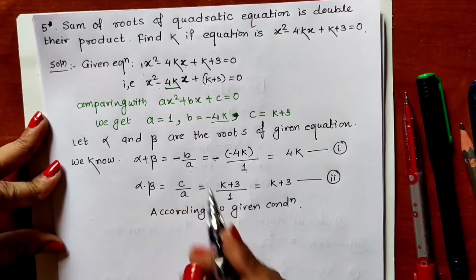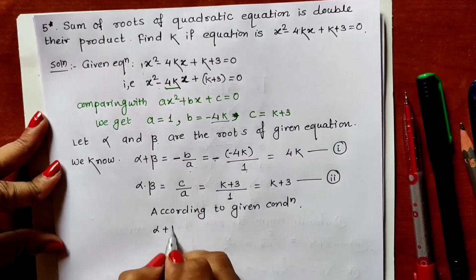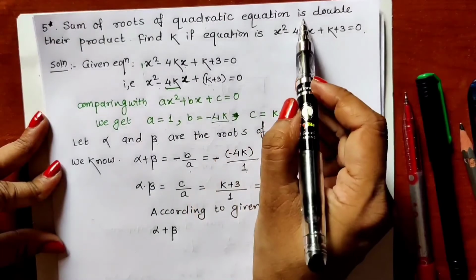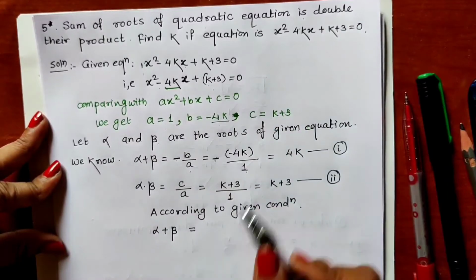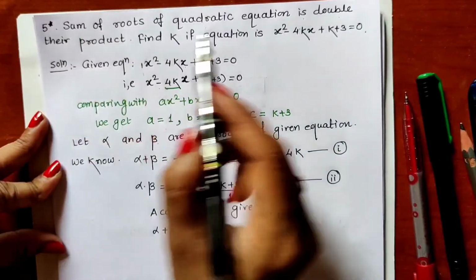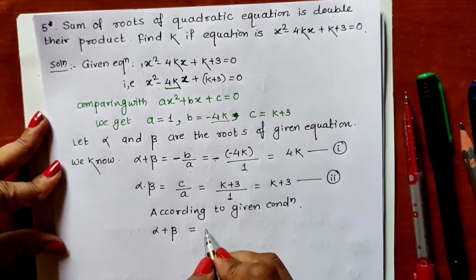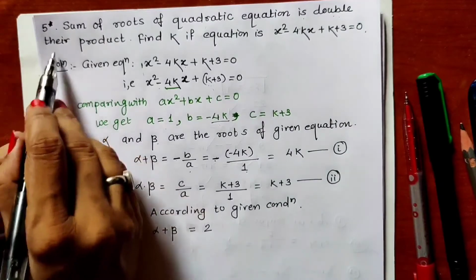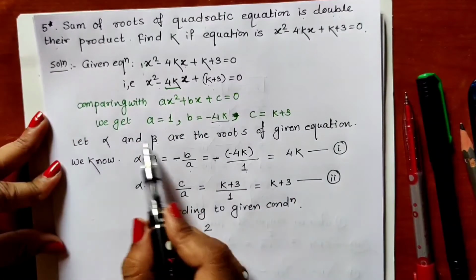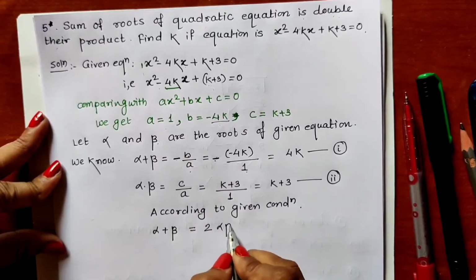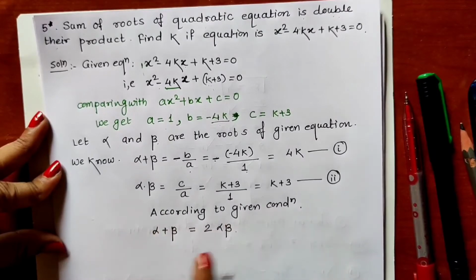So their total is alpha plus beta, equal to double their product. Double means 2 times, 2 multiplied by their product. Their product, product of alpha and beta, is alpha beta. So according to given condition we have got this equation: alpha plus beta is equal to 2 into alpha into beta.